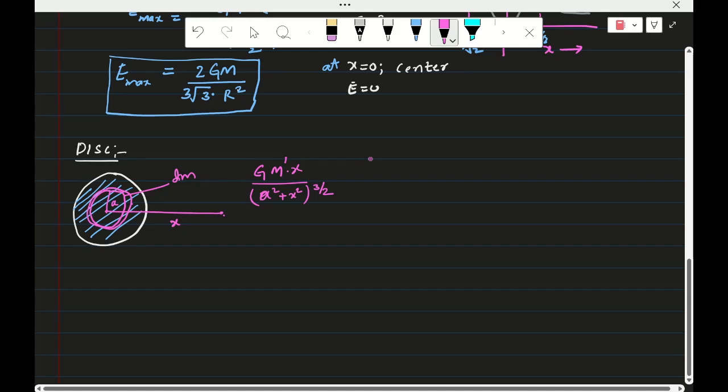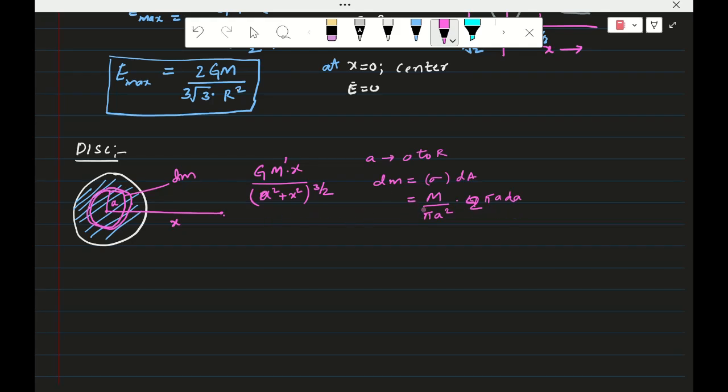Now the integration limits for a are 0 to r, and here dm is equal to sigma into dA, that is m by pi r square into 2 pi a da. This is the dm mass that you will substitute here.